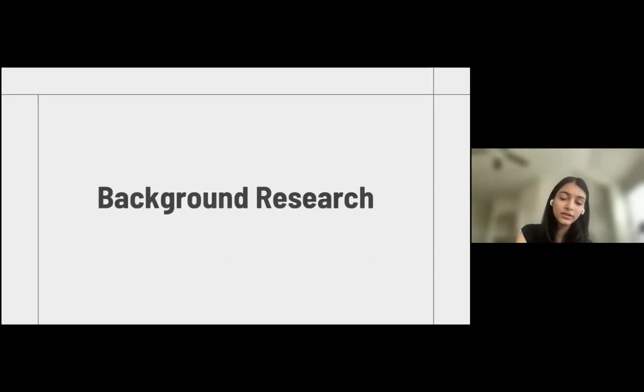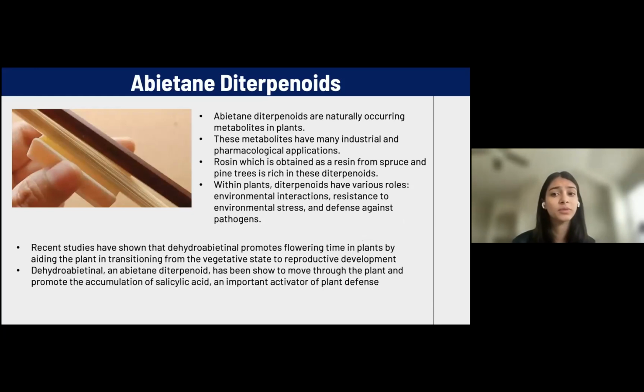So some background research. Abietane diterpenoids are naturally occurring metabolites. They have many industrial, biological, and pharmacological applications. Rosin, which is often used for the bow of a string instrument, is obtained as a resin from spruce and pine trees, which is rich in these diterpenoids. Within plants, diterpenoids have various roles.